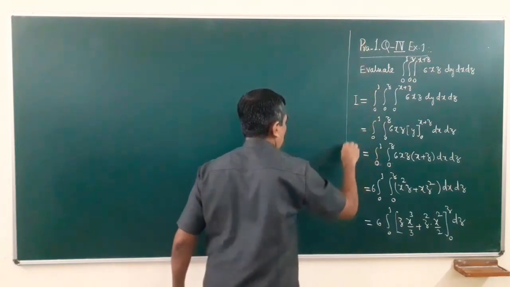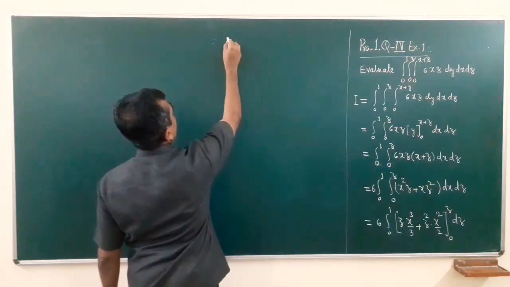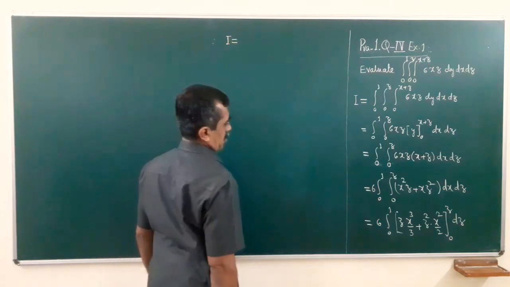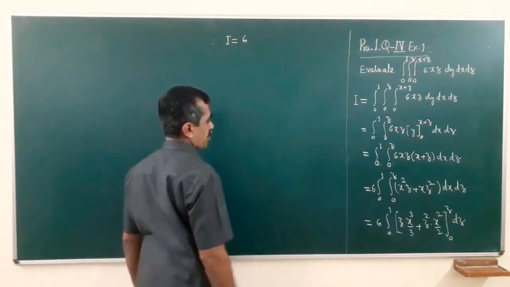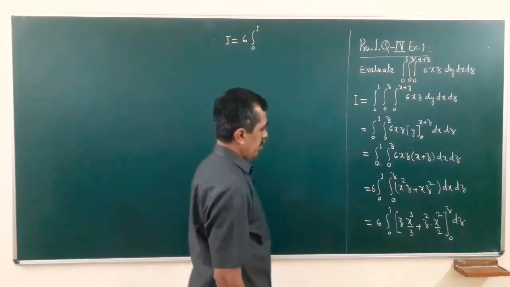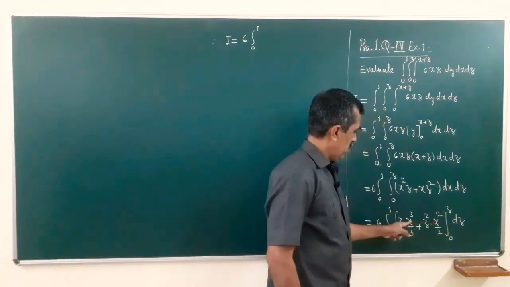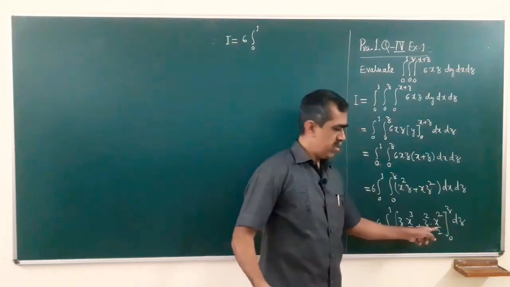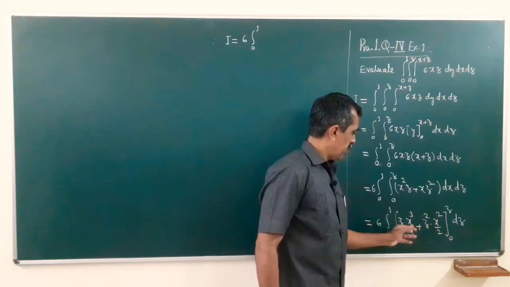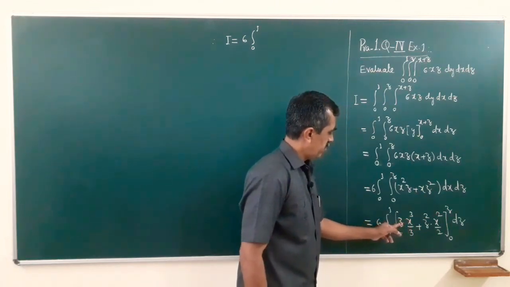So I is equal to, therefore, 6 integral 0 to 1. Now put x and z. For the lower limit, x is here and x is here, so you put the limits for x. This will be 0, so only the upper limit. So this will be z cube, and this is z.